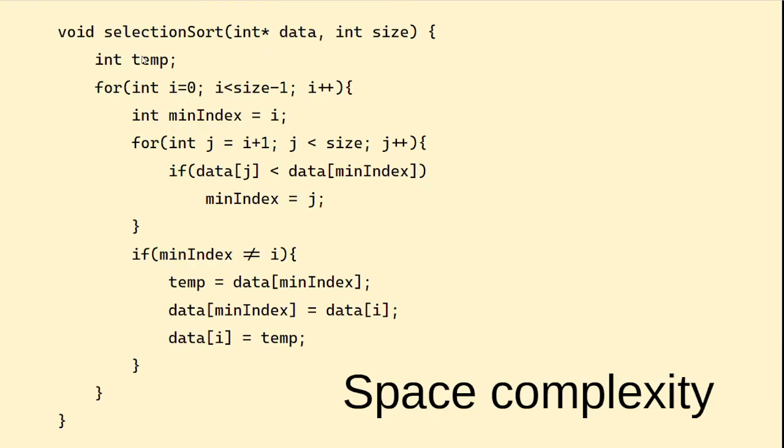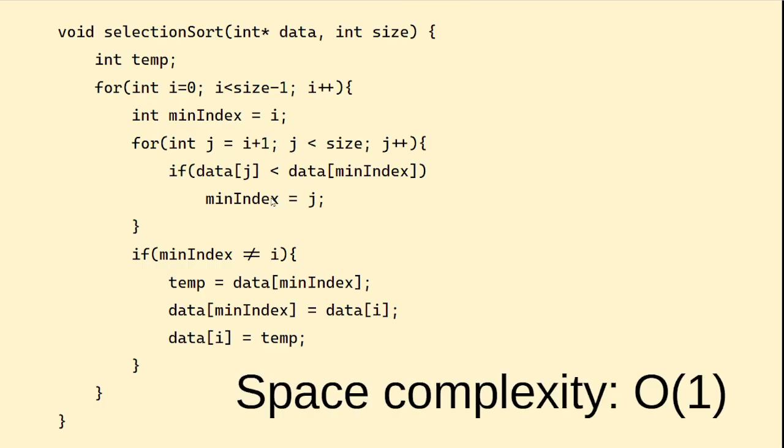Memory space is required for the variable temp, for the iteration indices i and j, and some temporary memory space may be required to evaluate expressions like this. Therefore, the space complexity of the selection sort algorithm is big O(1). It is a constant space complexity.